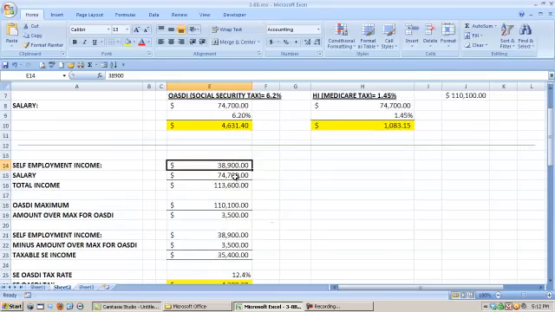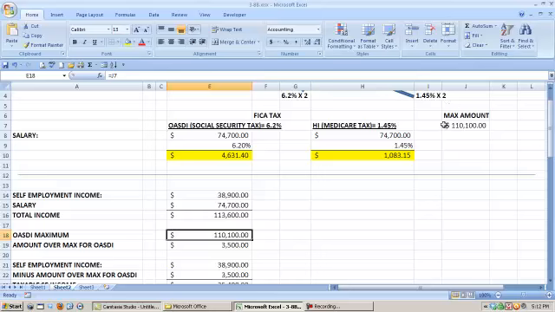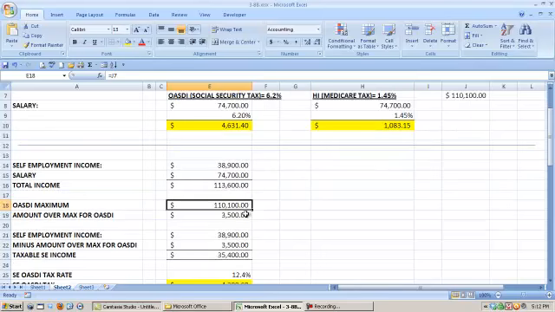If we add these two together, we get $113,600. So that's his total income. The maximum amount, like we said before, is $110,100. If we take his total income and subtract out the maximum amount, that means that $3,500 was the amount that was over the taxable amount for Social Security tax.